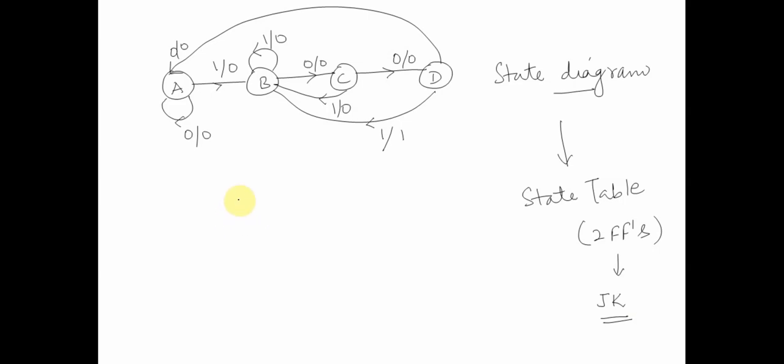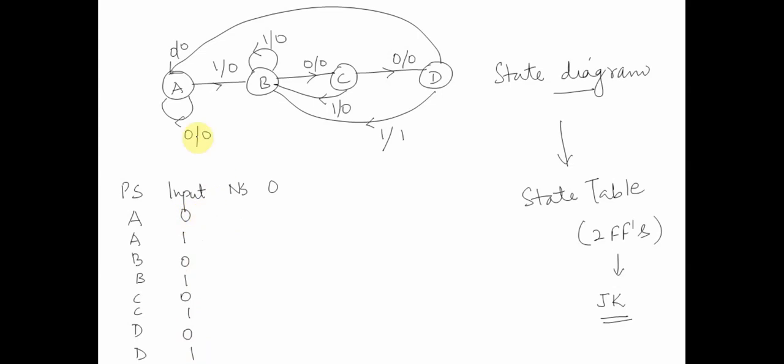So now, to construct a state table, we should have a present state, an input, a next state, and an output. So basically, my present state could be A, B, C or D, and my input could be 0 or 1.